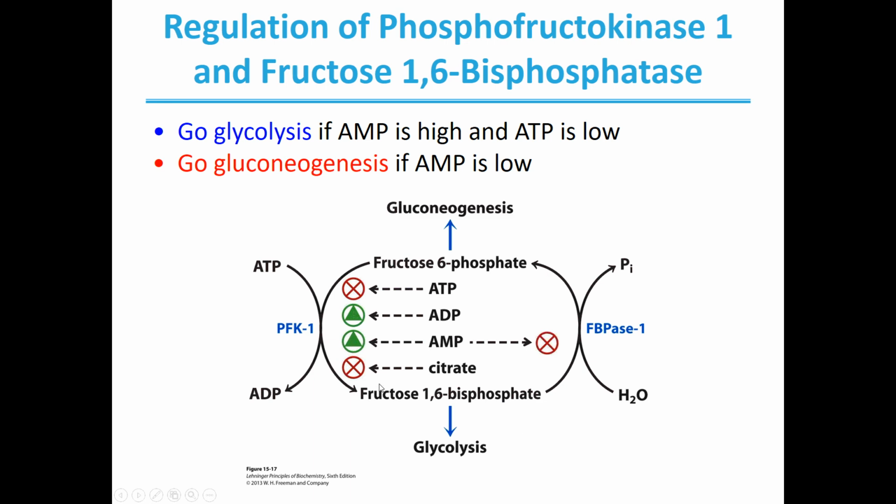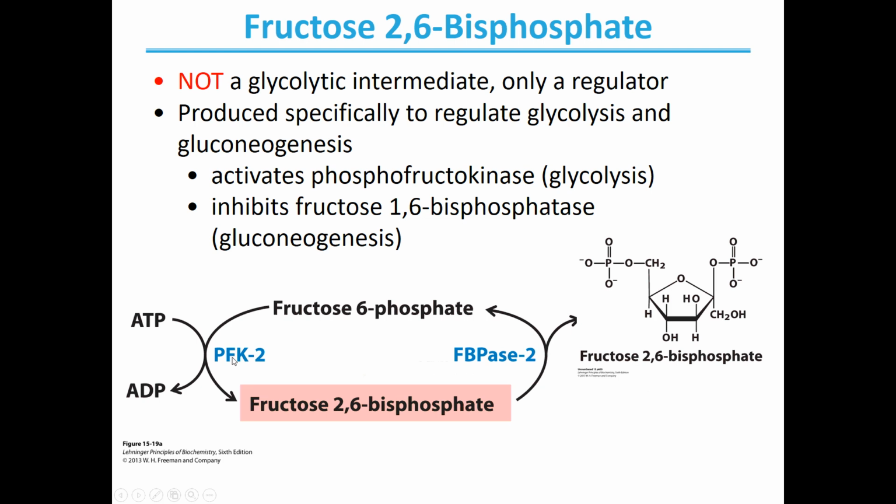If we have a large amount of fructose 6-phosphate, we'll not only produce fructose 1,6-bisphosphate, but the high concentration of fructose 6-phosphate will stimulate PFK2 to produce fructose 2,6-bisphosphate.